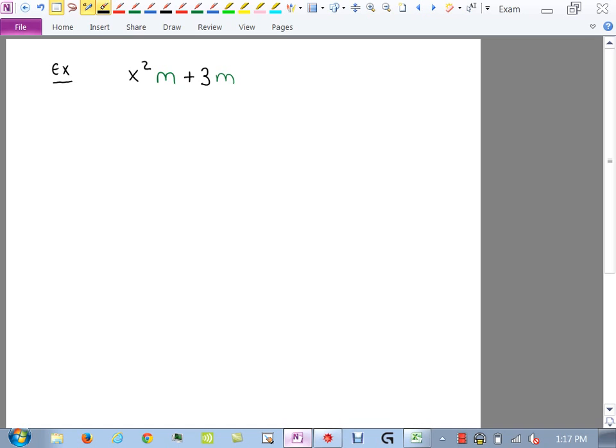I don't know if you can tell, but the x squared and the plus 3 are in black, and the m's are in green. Can you all kind of tell? Not really? I'll do it a different way, so it's a little more exaggerated. Does red come out better? What's the best contrast? Blue? Yeah, those are highlighters.